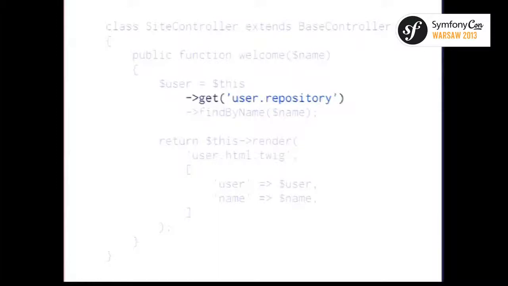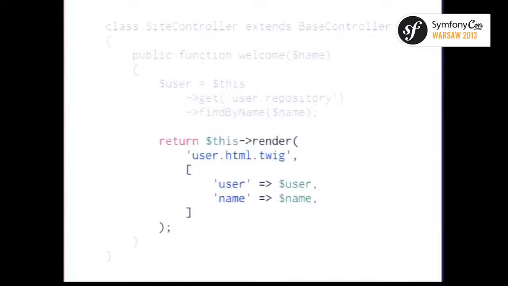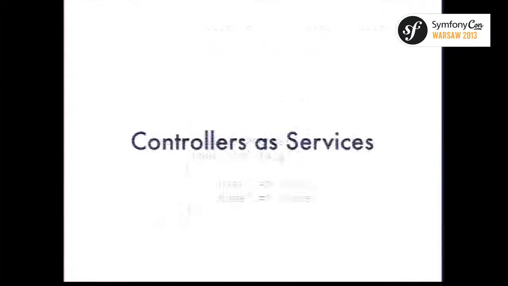It uses the get method to get something out of the container, and it also uses the render helper method to render a template. So that's an example of extending Silex to be a little bit more like what you're used to.